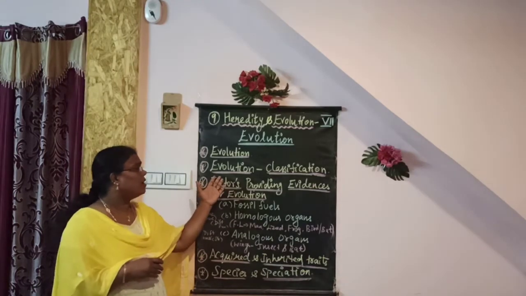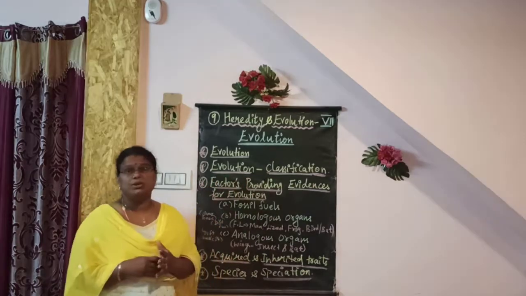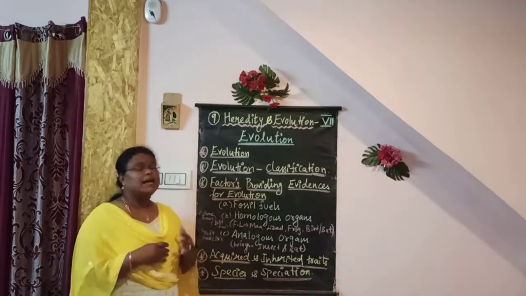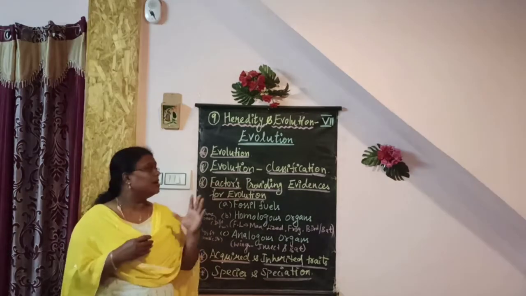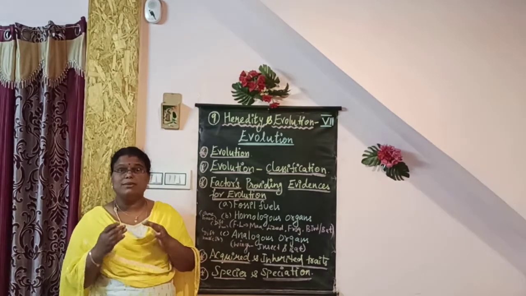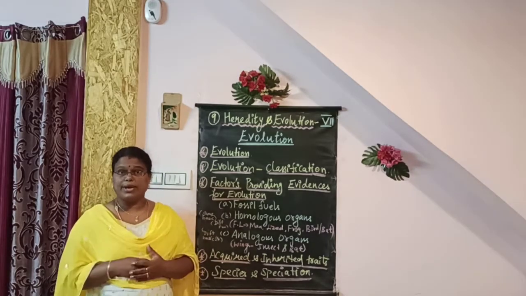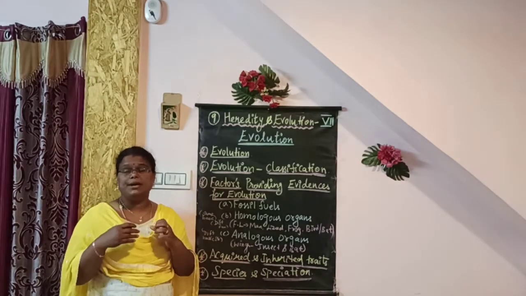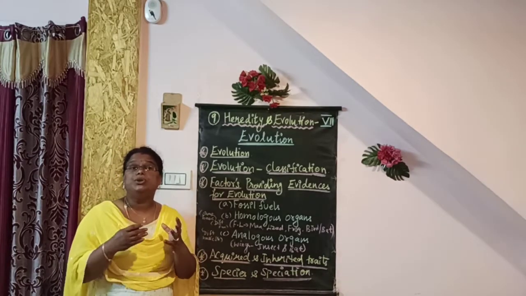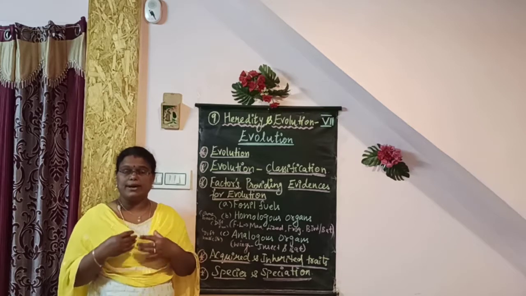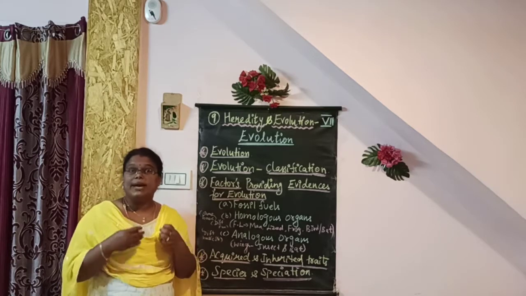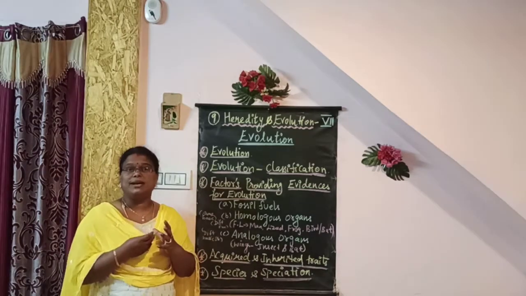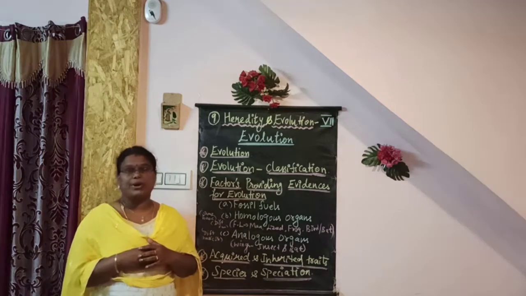And next one, how evolution and classification are interlinked. Evolution plays an important role in the classification of organisms. Classification of organisms is categorizing of organisms. Evolution helps in studying the origin of organisms, or how the organism originated, and through this we can study the ancestor of the organism.